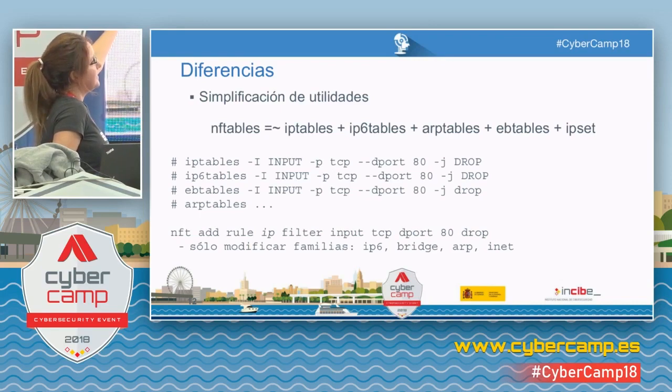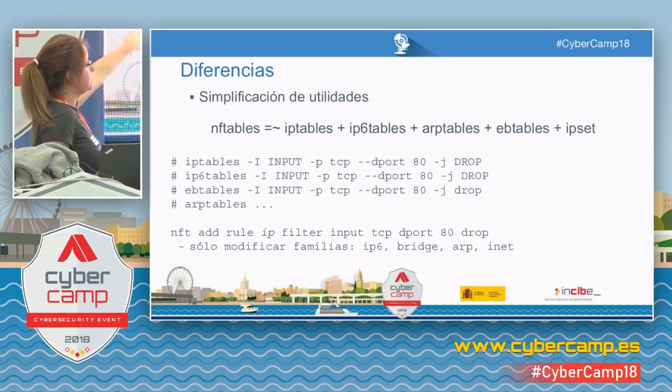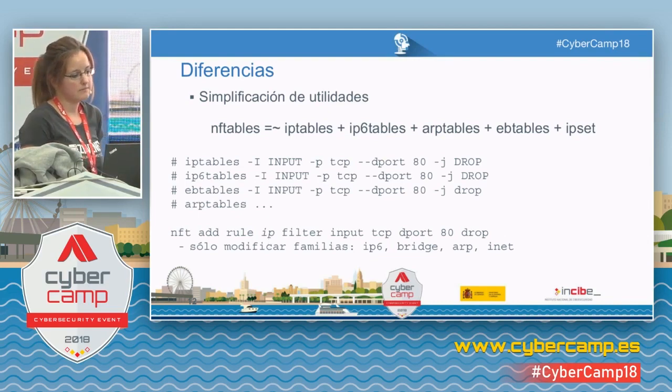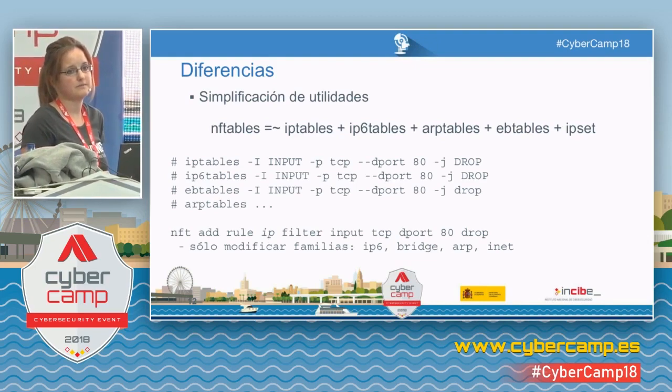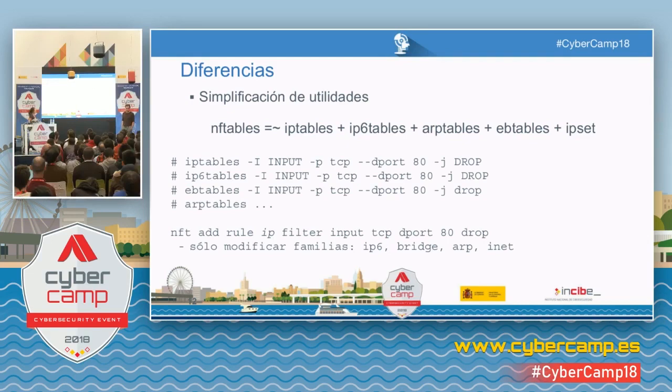For instance, if we want to drop with all of them, we would need to execute a command, make a command work at all those levels. Whereas with NF tables, we just have one single command, and configuring the family that we want to do the dropping with, that's enough. So that really simplifies the number of rules that you need to use and have on your firewall. That's right. Tools, we used to have 4 tools, now we have one single one.